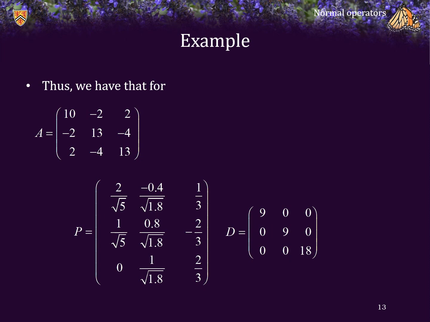Note that the first eigenvalue corresponds to the first vector, so does the second, and the third eigenvalue, 18, corresponds to the eigenvector in the third column. Therefore, the matrix A is equal to P times that diagonal times the transpose of P.